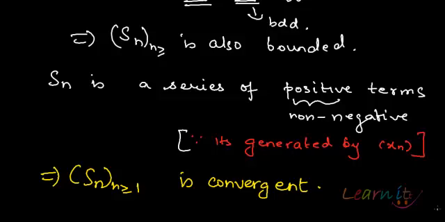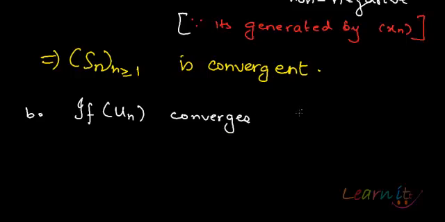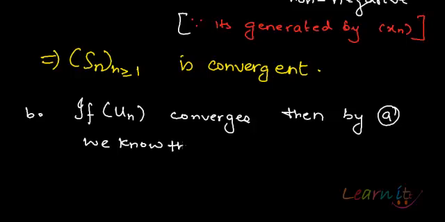And similarly, you can also have the B part. What would happen if Sn diverges? By the A part, the previous part, we know that if Un converges, then Sn converges.